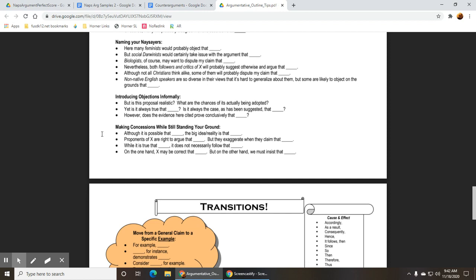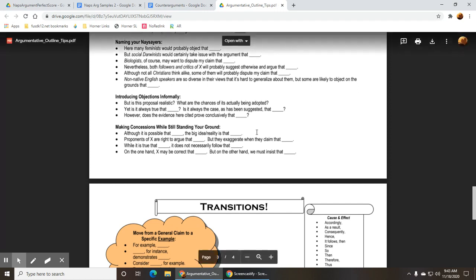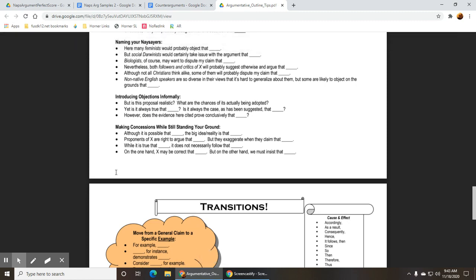Although it is possible that, you might point out an unlikely scenario, but a potential situation where your stance doesn't apply or might not be perfect. But then refocus it. The big idea, the reality is most of the time, it does not necessarily follow that. And still keep your point strong.